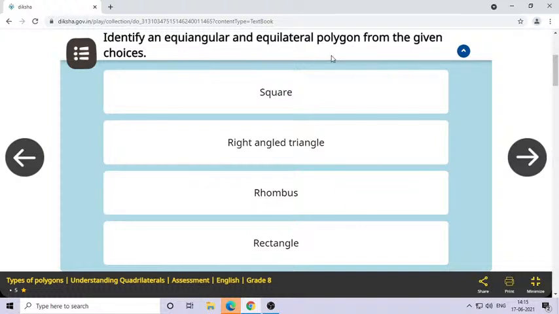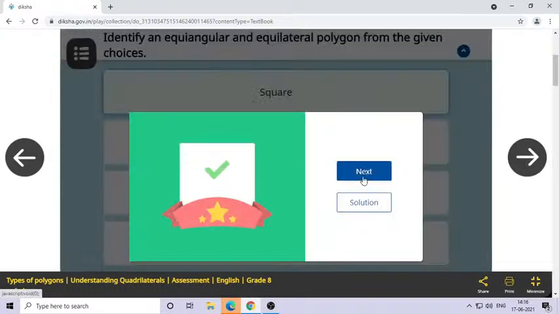Equiangular means all angles should be the same, equal, and equilateral means all the sides should be equal. So you have to identify that polygon from these four options. Okay, so already you have given the answer, square. So square is the figure where all angles are equal and all sides are equal.